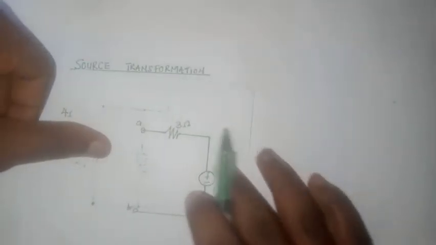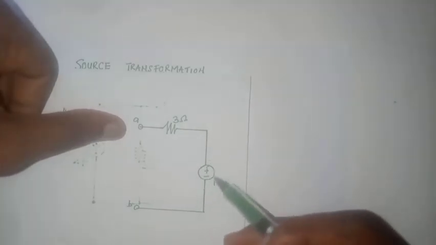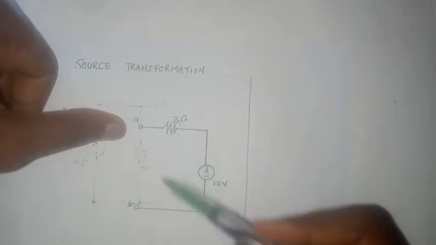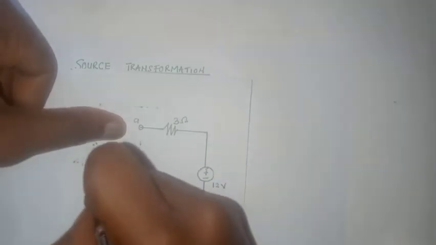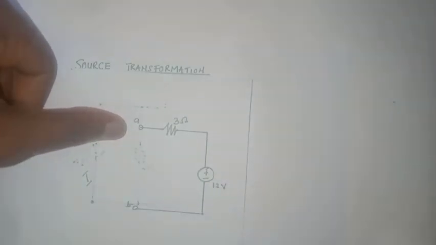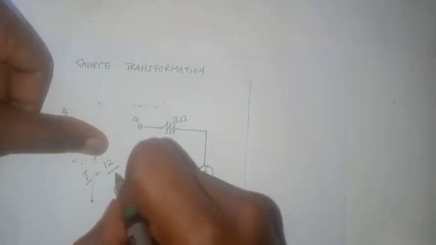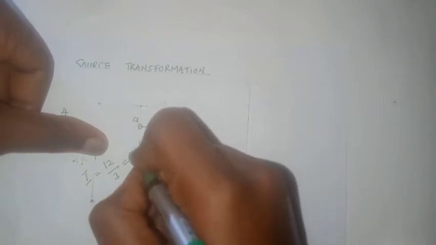If you cut them off from the circuit, we would have something like this. Now, we're trying to replace this voltage source with a current source, and we connect this 3 ohm resistor in parallel with it. The value of the current source we're going to put in parallel would be 12 volts divided by 3, according to Ohm's law, and that gives us 4 amperes.